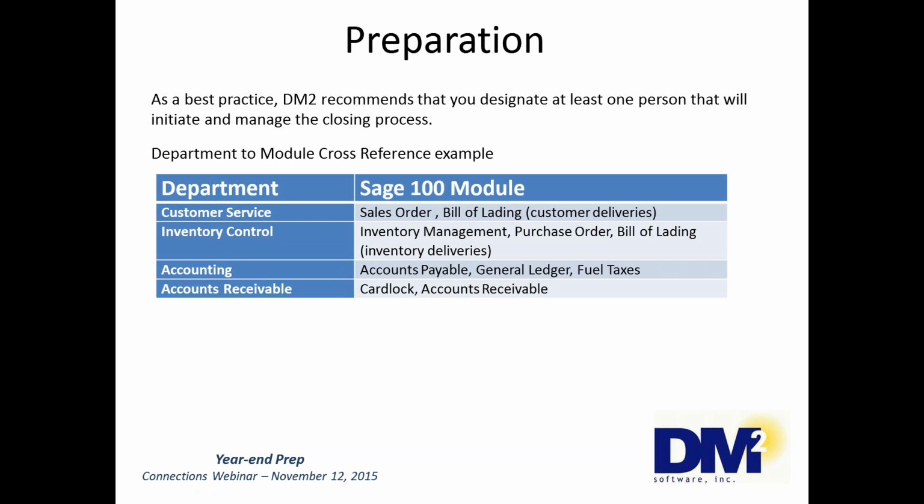Inventory control would be inventory management, purchase order, bill of lading, accounting, receivables, etc. So having this department cross-reference is going to make your team and your leader able to send a mass email to these people to let them understand that we're getting ready to close. Make sure that you have your tasks done.